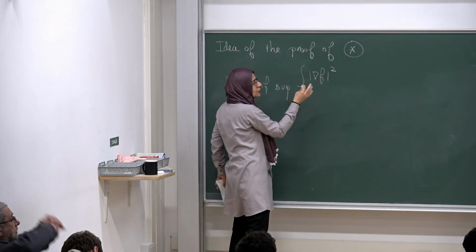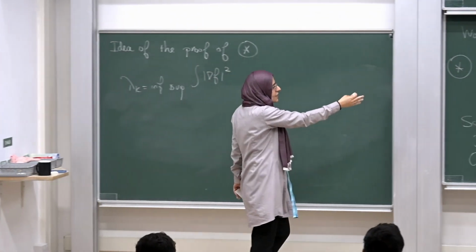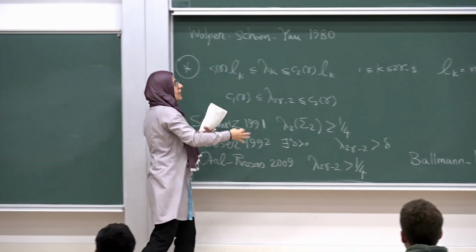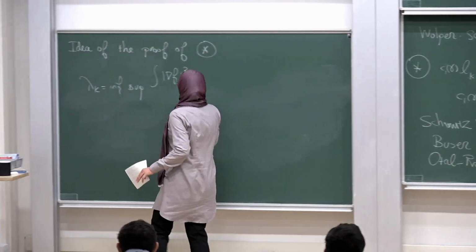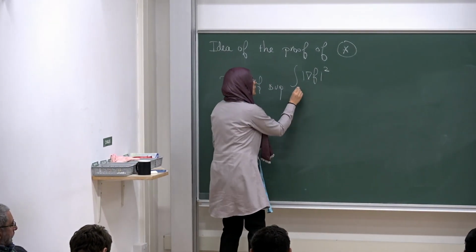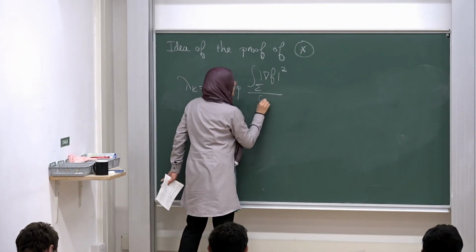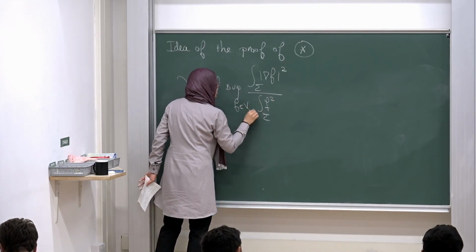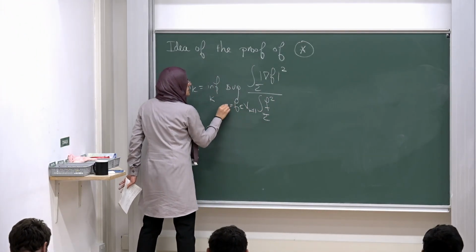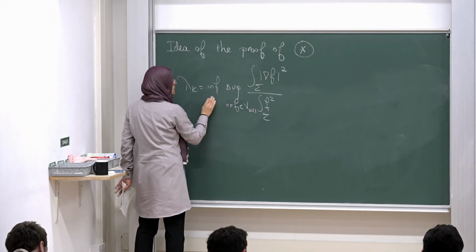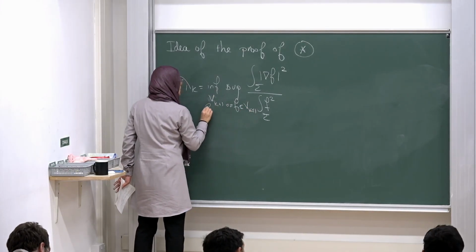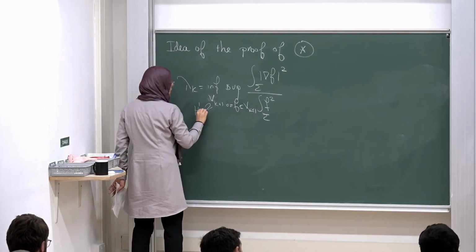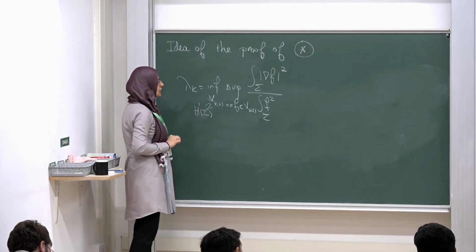We have everything that we want at our disposal. So we cut our surface along this C that has this length Lk. The supremum is over all non-zero functions in a k plus 1 dimensional subspace of H1 or C infinity, whichever you like.